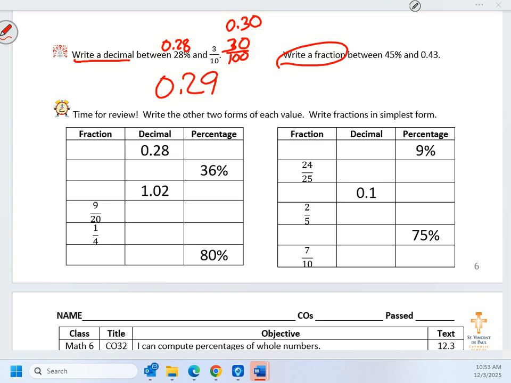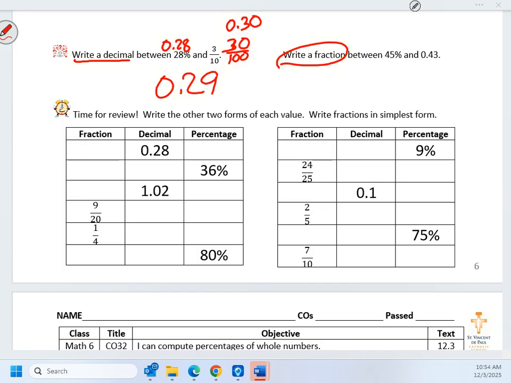You need to fill in the missing ones. So here it's 0.28. Convert that to a percentage, convert it to a fraction. What do we have to remember about those fractions? Everybody, what do we do with fractions? Simplify. Okay, so make sure when you are writing a fraction, you have it in the simplest form.